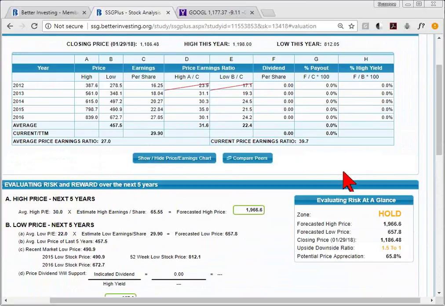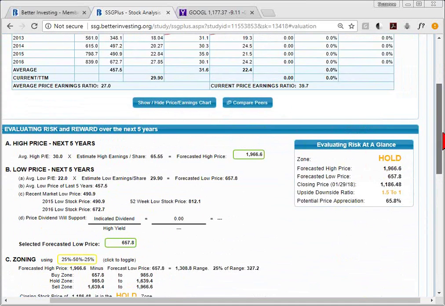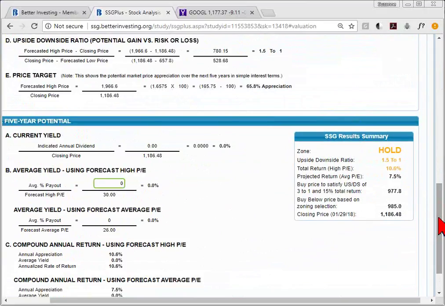Instead of 30, I'm going to use, and what is it, the average of your projected numbers. I'm sorry. Right. So I misspoke. So the average, I've got a 30 and a 22, so it's about 26 and a half. 26, yes. 26 PE rather than a 30 PE. So you get a little bit less projected return here.